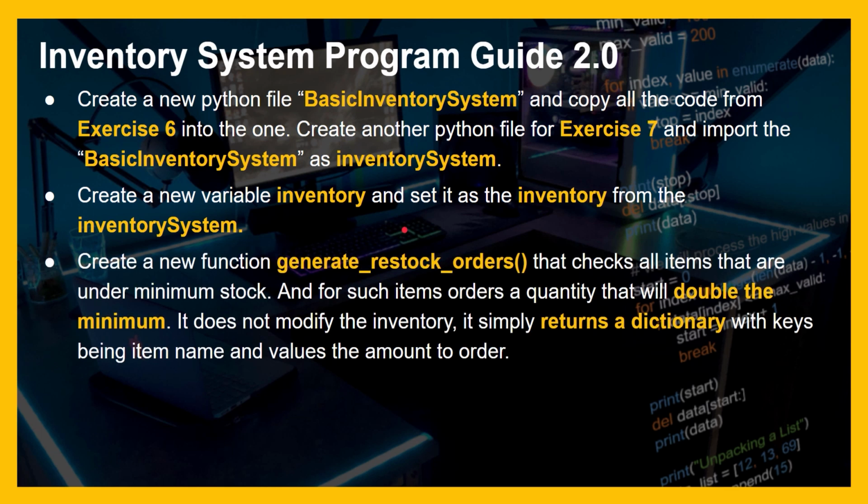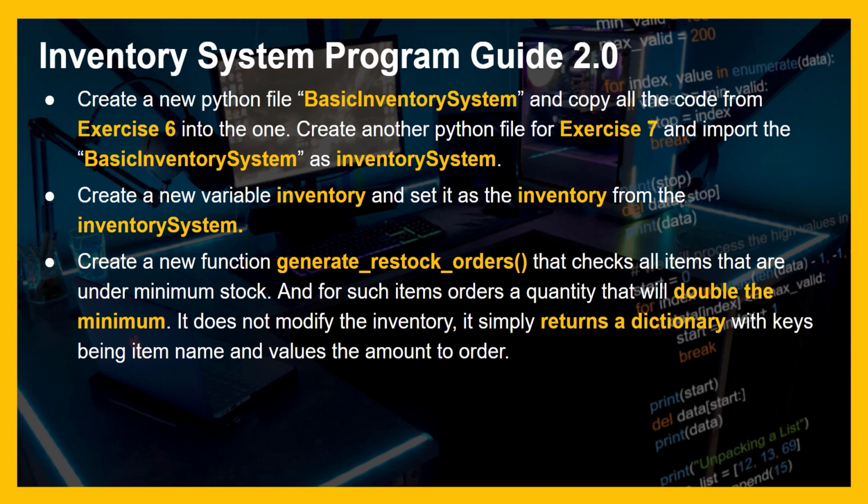Next, you'll need to create a new function that is going to be generate restock orders that checks all the items that are under the minimum stock. And for such items, orders a quantity that will double the minimum. So you need to get the minimum, double it, and then order an amount that will make sure that the final amount will be double that of the minimum.